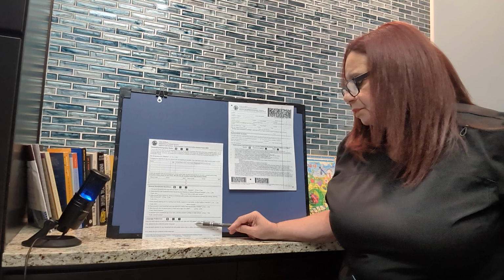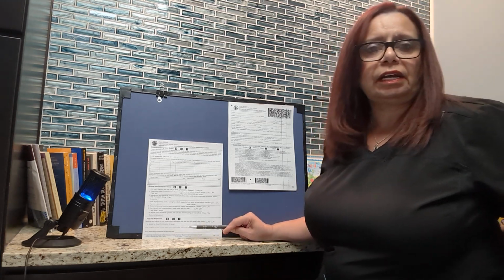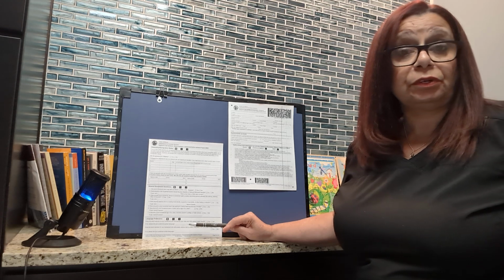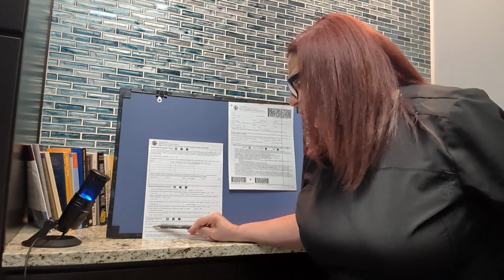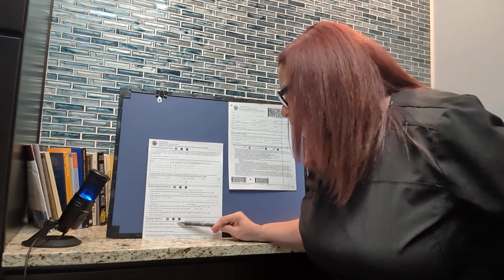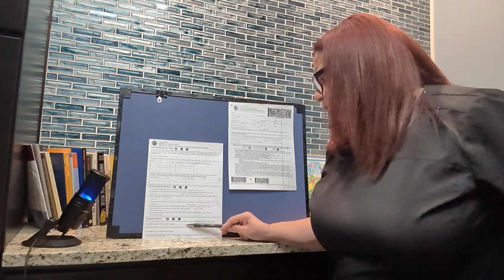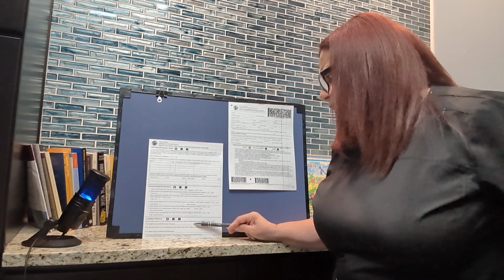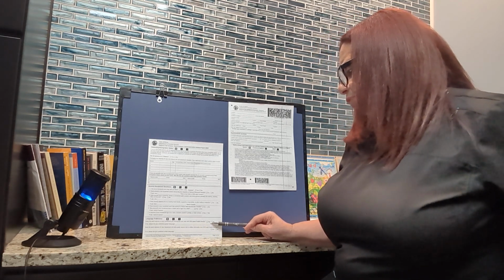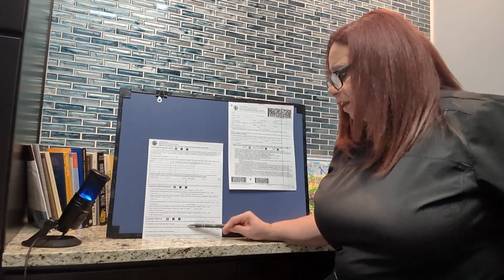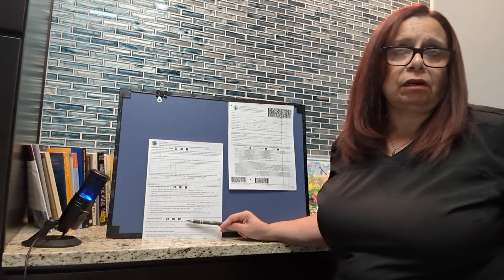Language preferred, this is important because when they do the interview with you, they're going to ask you whether you want an interpreter or not, right? Here it says, does the adult member of the household who discusses with the DHS speak English fluently? Yes or no? If you put no, you have to put on the line what kind of language you're going to need.